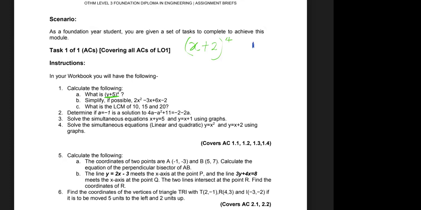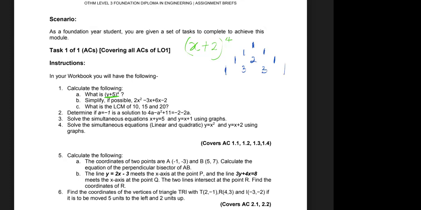In Pascal's triangle, you write 1 here, then 1, 1. Then you add 1 plus 1, that gives you 2. Then on this side again, 1 plus 2 gives you 3, and 2 plus 1 gives you 3. You also put 1 here.